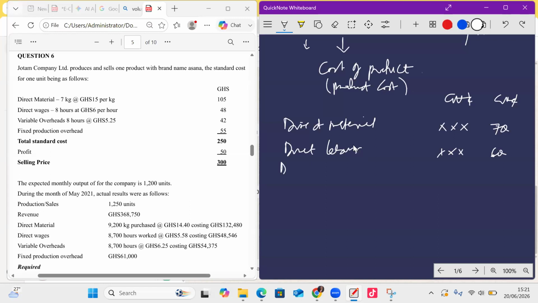Then we have direct expenses. When the company has direct expenses, let's say this is 10, right? Then all this gives us 140. This is called the direct costs. Then we have the variable production overhead.